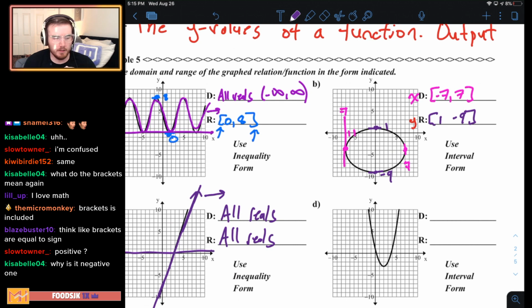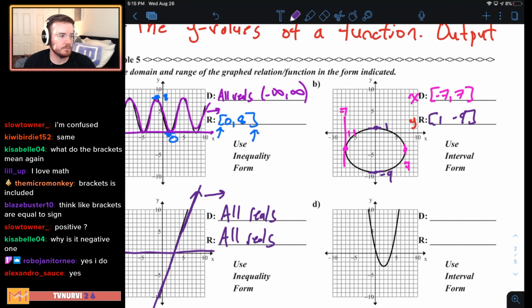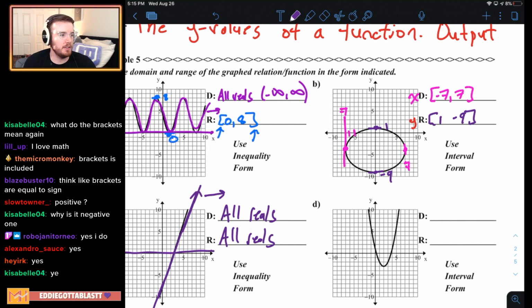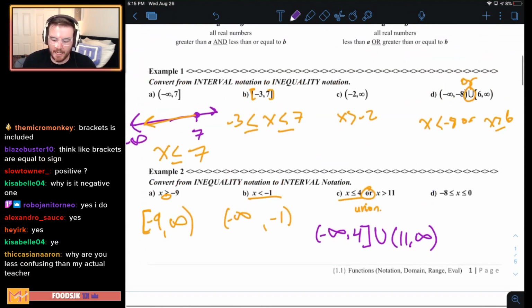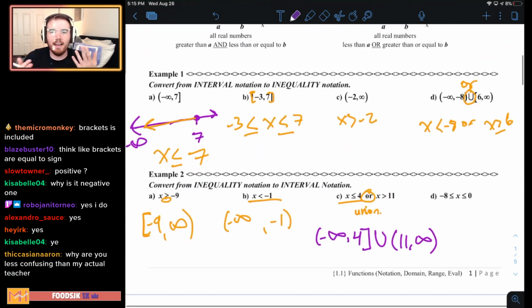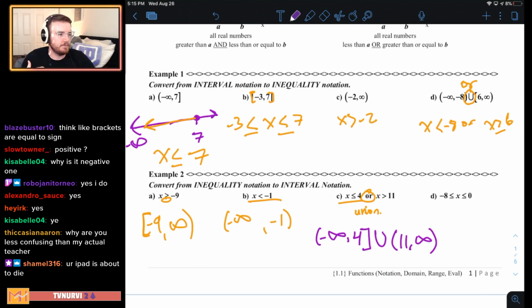Are you feeling a little more comfortable with that? Yes, yes. Robo still in the chat. Okay, cool. So I know a few of you were like, I'm confused. I don't know what's happening. I get it. It's just random, right? These groups are just random.